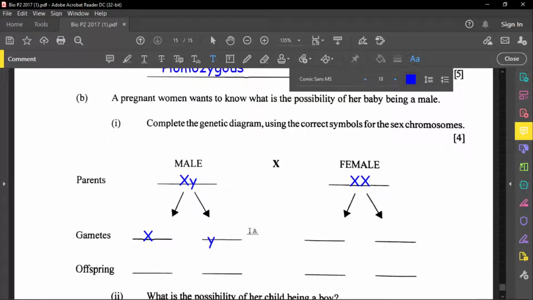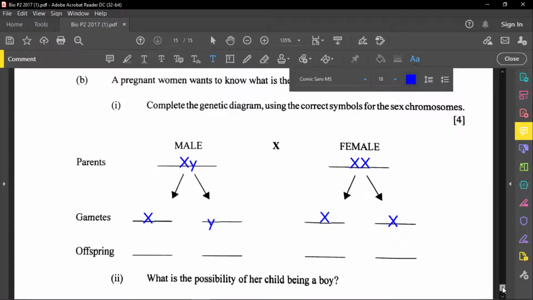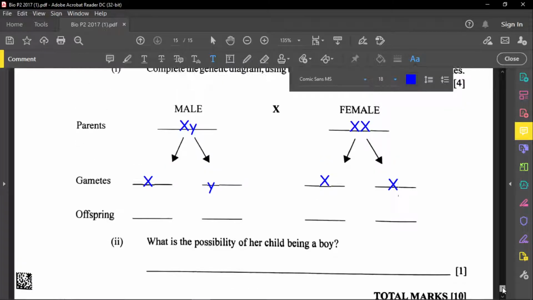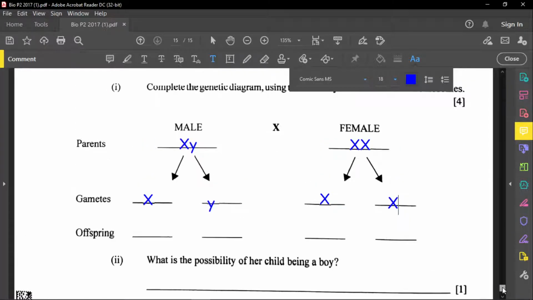So let's put our Y there. The female can only give X. Now let's look at the offspring in terms of chromosomes, and I'm going to keep the males on this side.